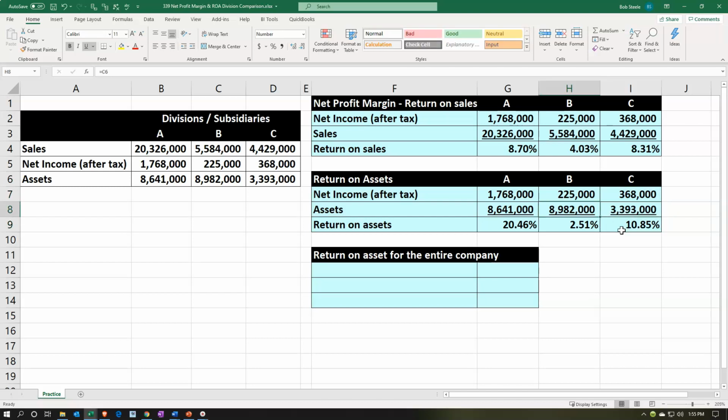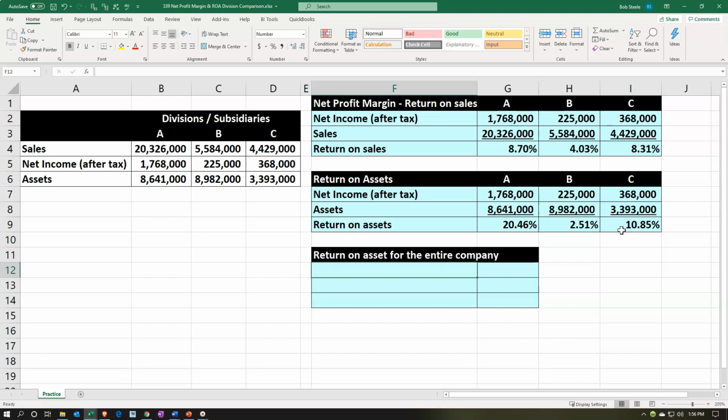Or could we reallocate some assets to A, which it looks like they're getting a 20.46, and it depends on the circumstances of the company. Does it look like we could use more assets there and still have that increase the return or not? So those are some of the questions that you might think of internally if you're thinking of a managerial decision-making process. And of course, this is only one ratio or two ratios here that we would look at. You can consider more breakdown there.